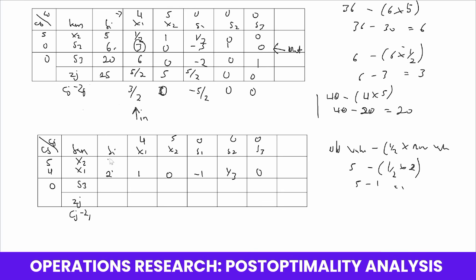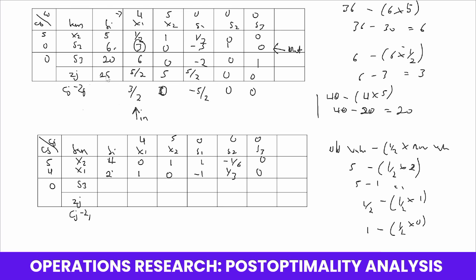So our value here should be 4. And then the next one, 1 on 2, that's the old value. 1 on 2 minus 1 on 2 times the new value here, 1. So 1 on 2 minus 1 on 2 will give us 0. Then 1 minus 1 on 2 times the new value here, which is 0. So 1 minus 0 is 1. You have 1 here. So you do the same for the remaining ones. I'll just write down the values.